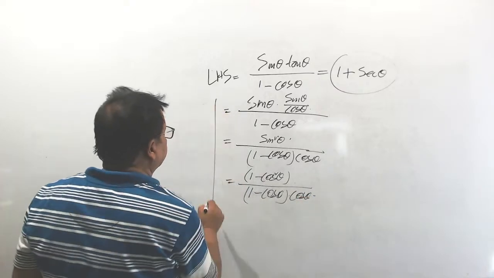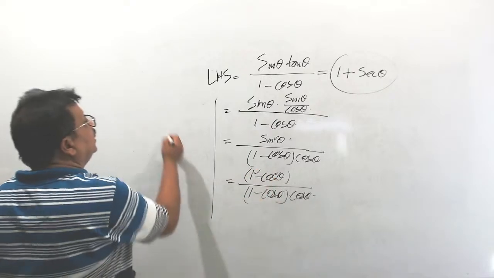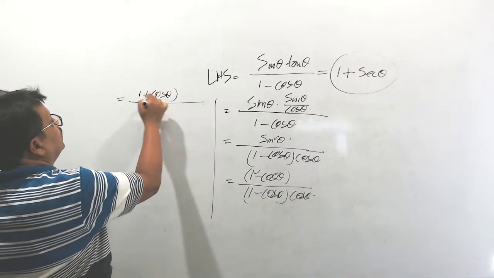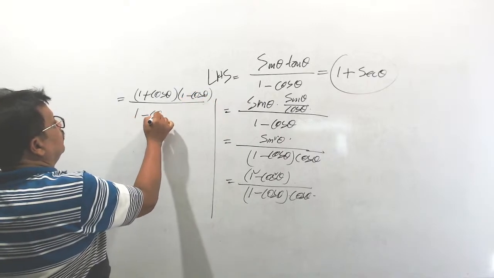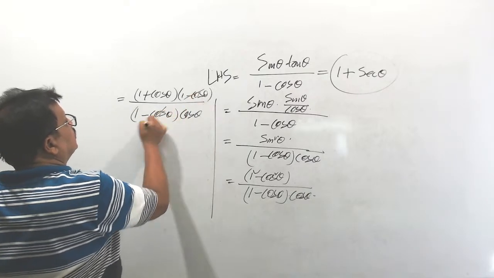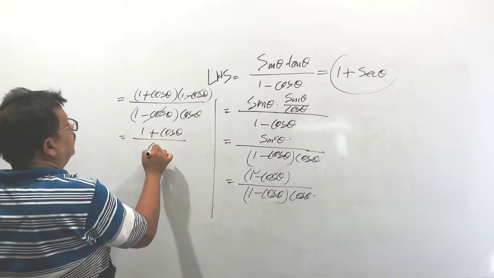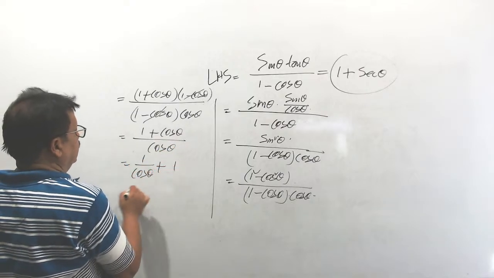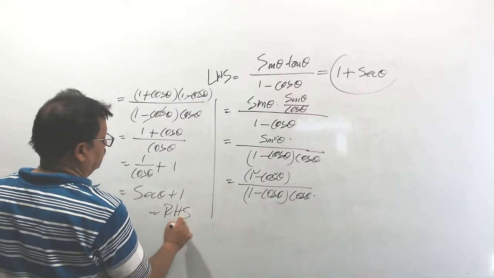Then 1 minus cos square theta, that is 1 square minus cos square theta. This is equal to a plus b into a minus b. 1 plus cos theta into 1 minus cos theta by 1 minus cos theta into cos theta. 1 minus cos theta, 1 minus cos theta cancel. 1 plus cos theta by cos theta, that means 1 by cos theta plus 1, that means sec theta plus 1, equal to right hand side.